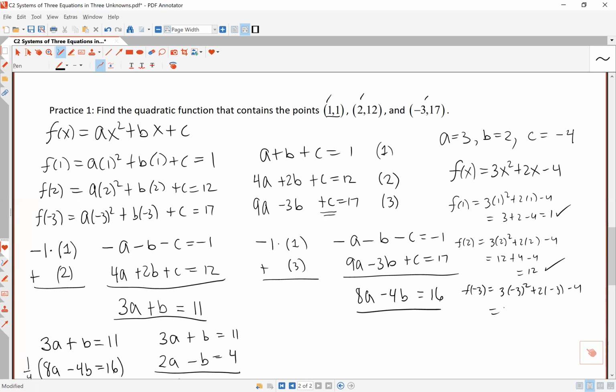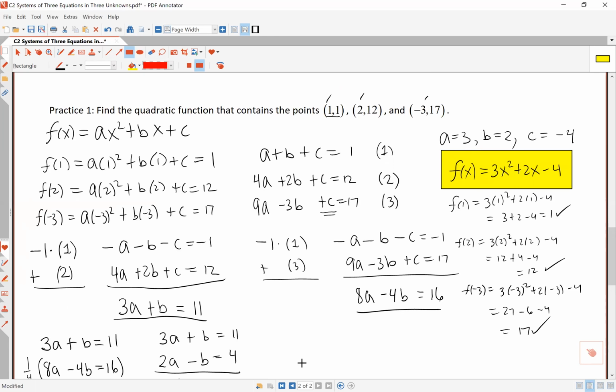That's 9 times 3 is 27. Minus 6 is 21. Minus 4 is 17. Therefore, I know this answer to be correct. And that's the unique quadratic function that contains those 3 points.